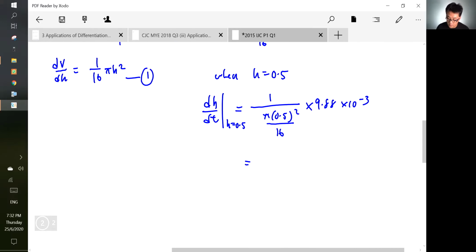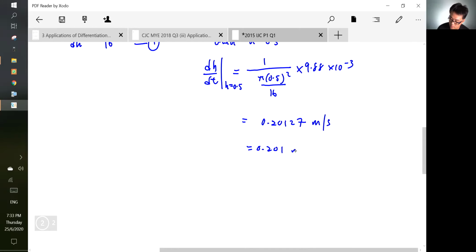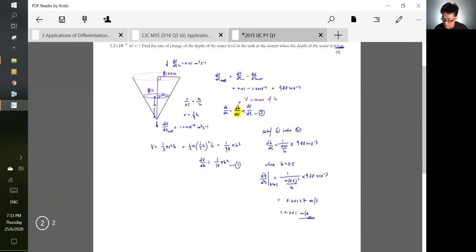That's the reason why we substitute it at the end. So dividing by pi times 0.5 squared over 16, we get 0.201.